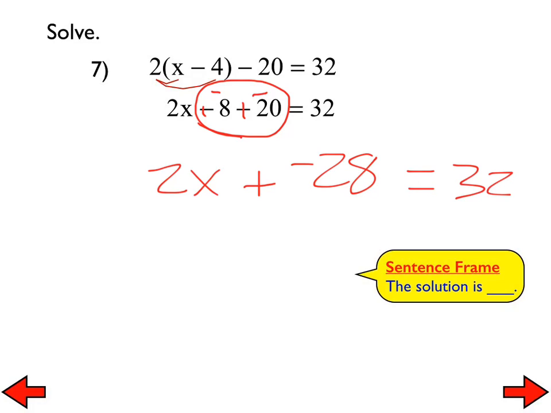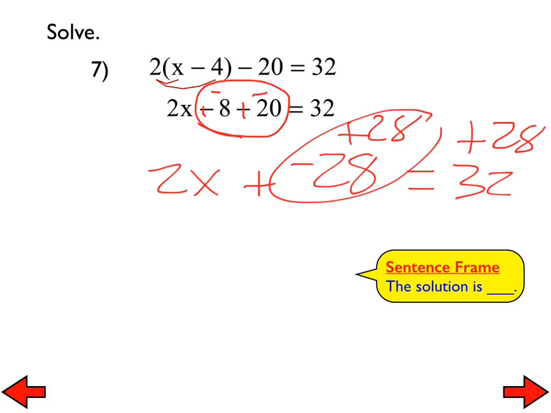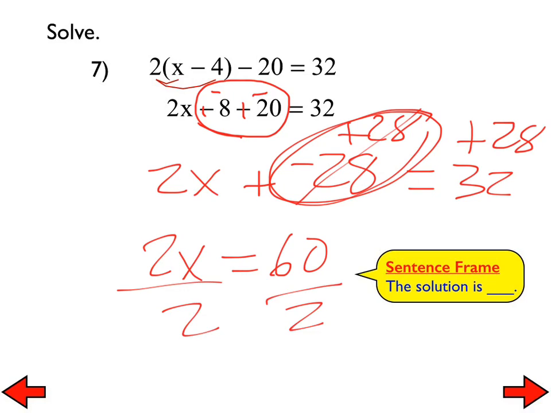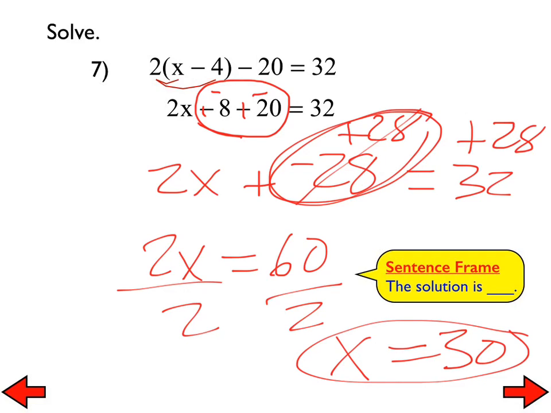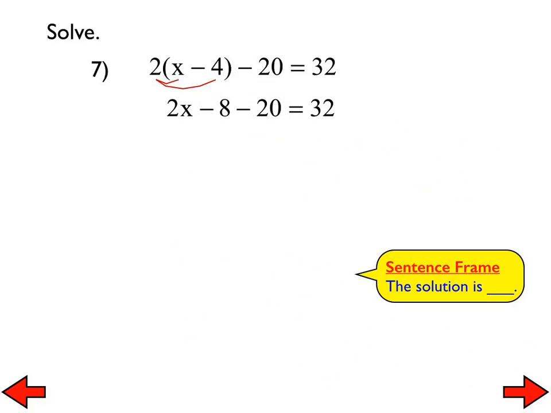And that's where some of you made your mistake. We then add 28 to both sides. Remember, the check is making sure that these two things are opposites of each other, or they make 0, in other words, which is the additive inverse property. And then I end up with 2x equals 60. Divide both sides by 2, and the solution is x equals 30. Any questions with this problem?